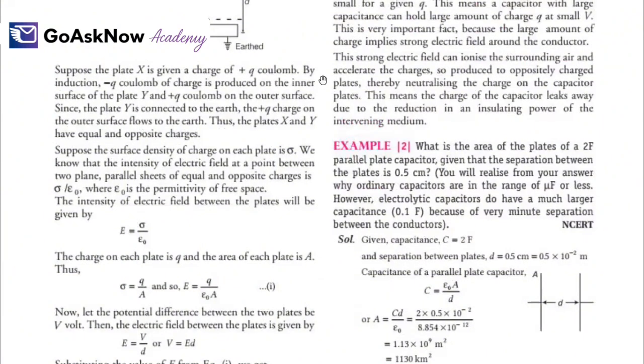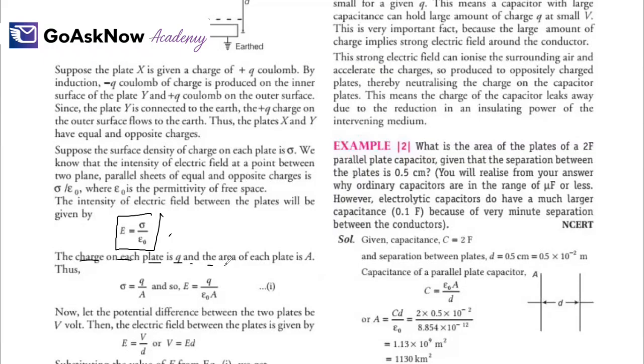This we have already covered in the first chapter, where epsilon naught is the permittivity of free space. So the electric field between the plates is given by E equals sigma by epsilon naught.